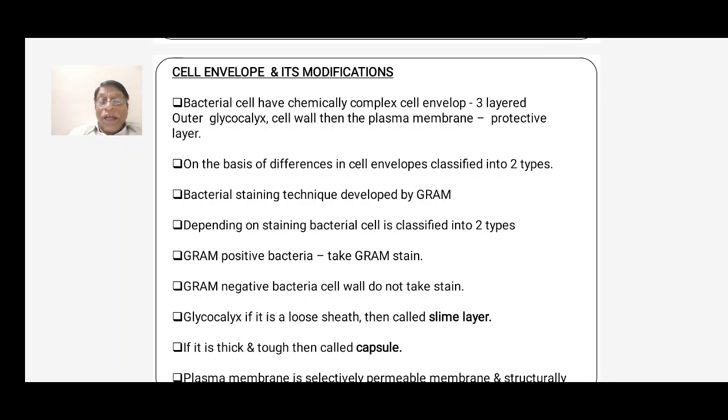Each layer performs different function. But they act together as single protective unit or layer.